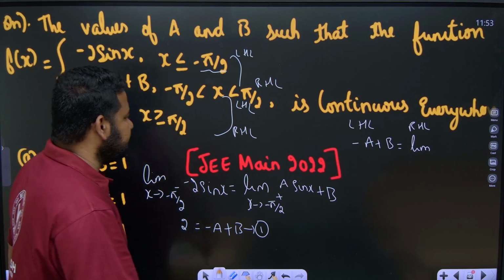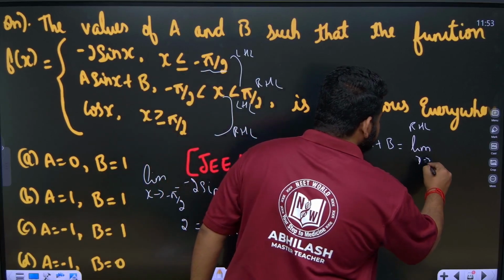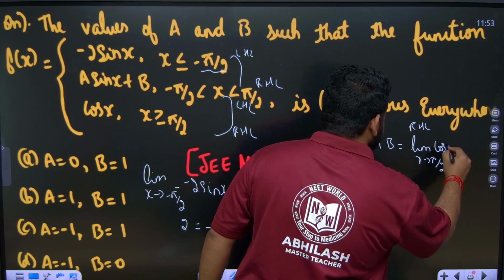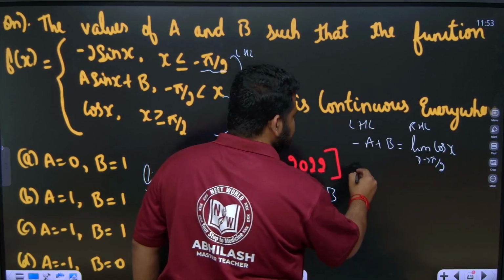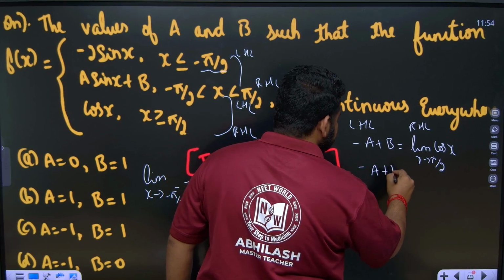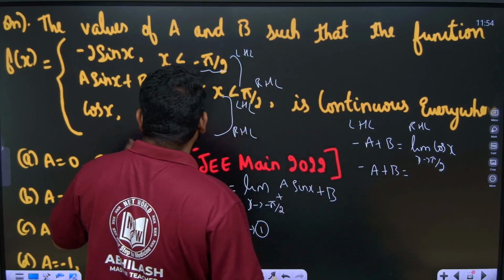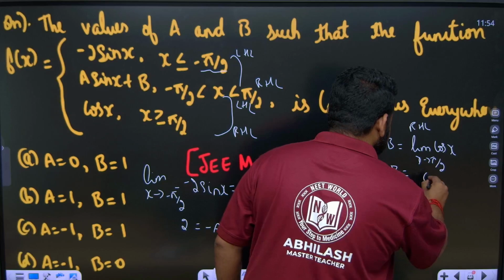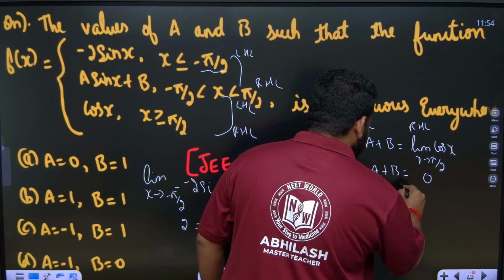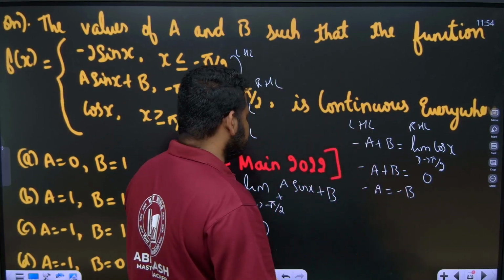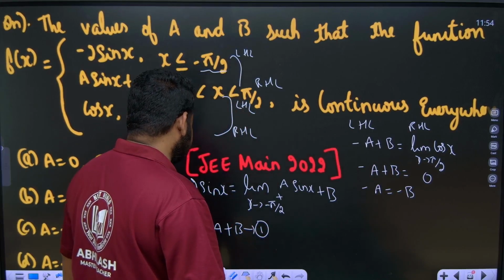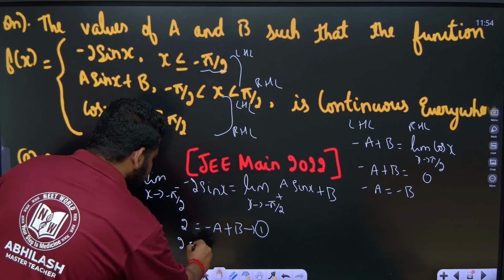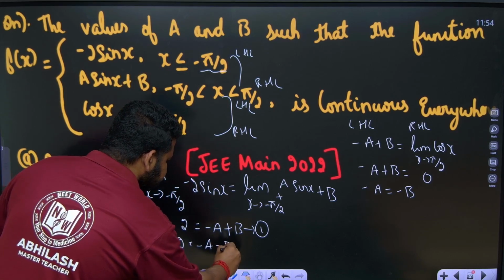So this is limit x tends to pi by 2 of cos x. So minus a plus b is equal to cos pi by 2. Cos pi by 2 is equal to 0. So minus a plus b is equal to 0, so minus a is equal to minus b. That means 2 is equal to minus a minus b.